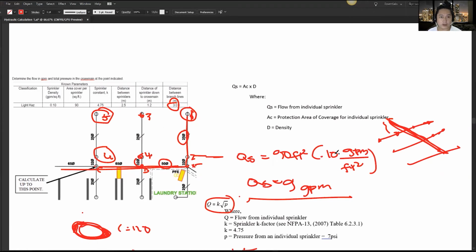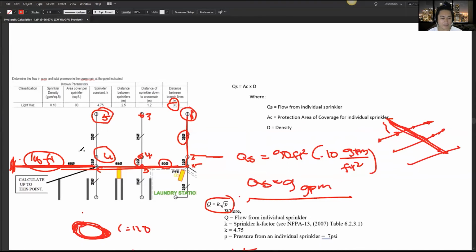Now, there's going to be another assumption here, because we don't know this part. Let's say the length from this to the riser, say this is our riser, in total is 100 feet. That's just our assumption that from node C to its source, up until the riser, its total length is 100 feet.